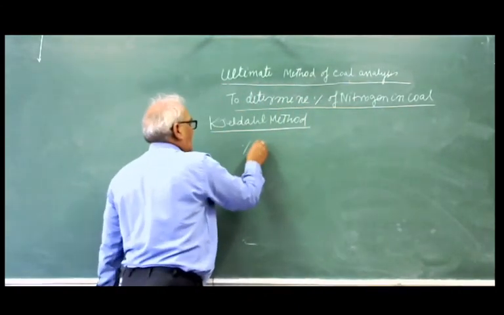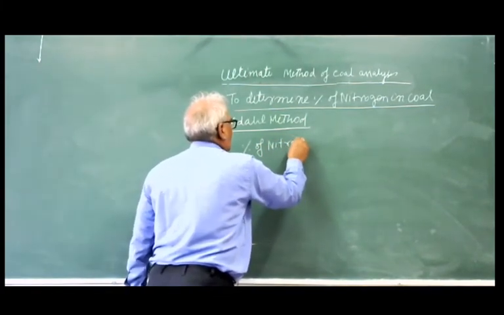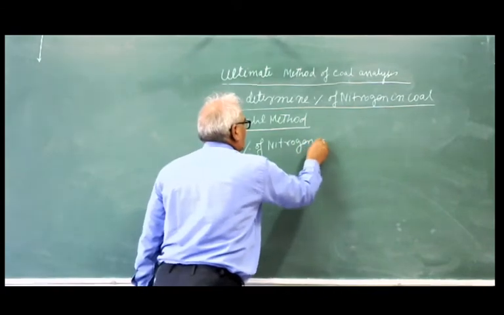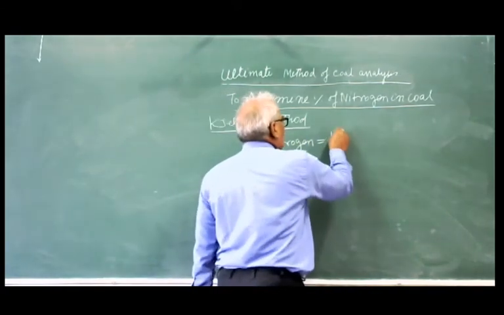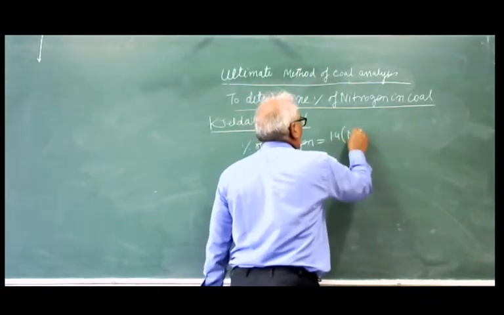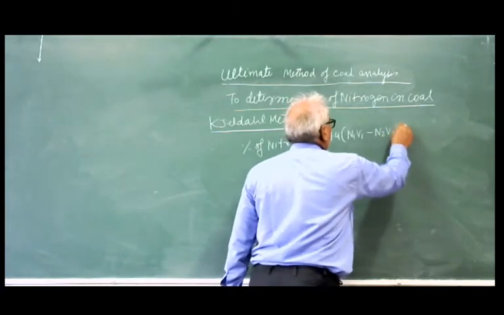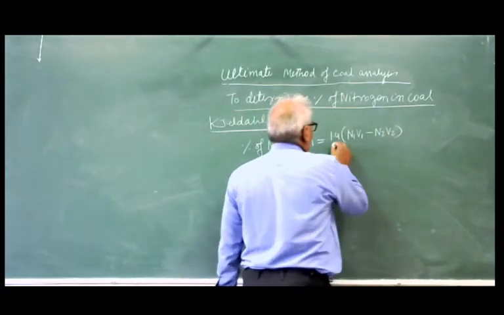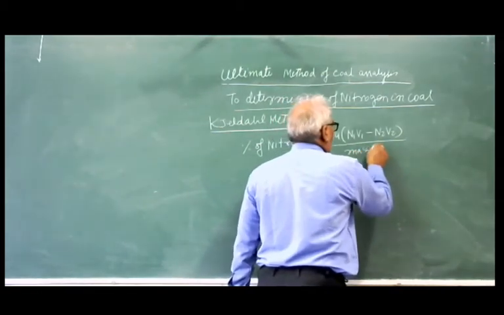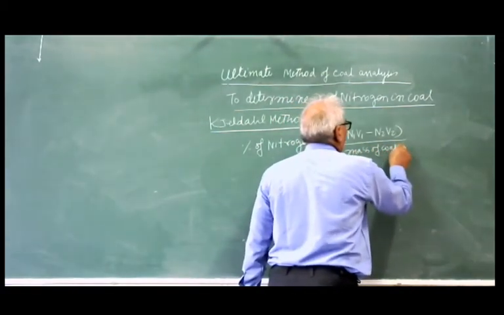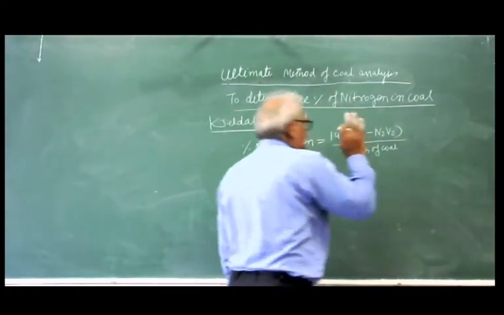Percentage of nitrogen is equal to 1.4 into N1 V1 minus N2 V2, divided by mass of the coal. This much.